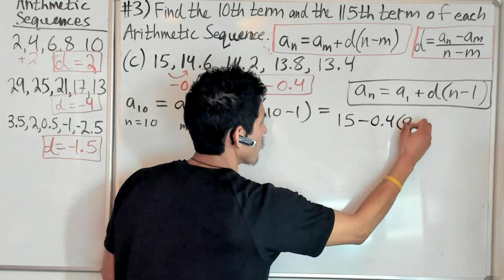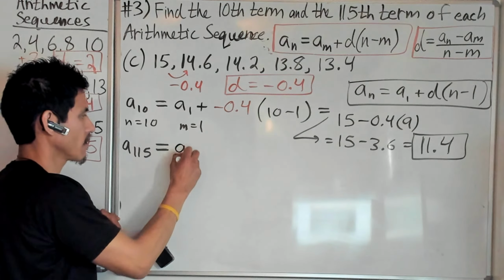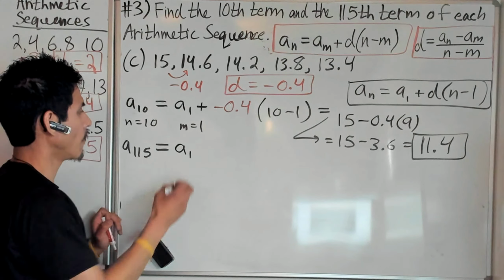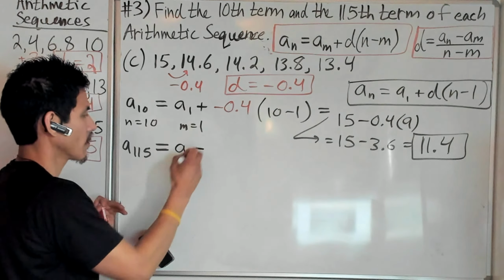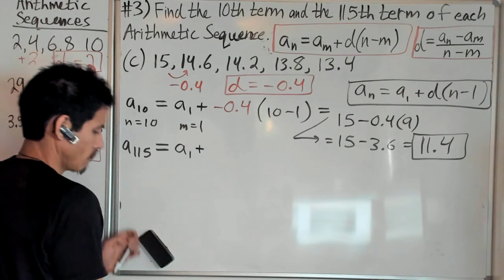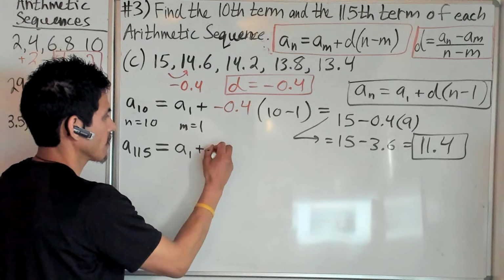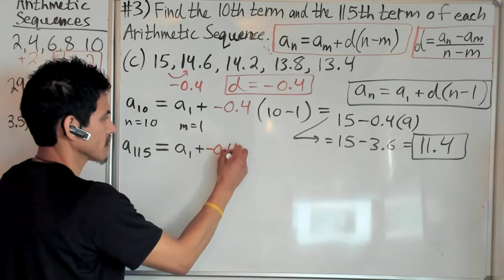And now A115. If we again decide to use A1 plus negative 0.4, and I could put minus 0.4, but I just like writing the plus and minus sign.